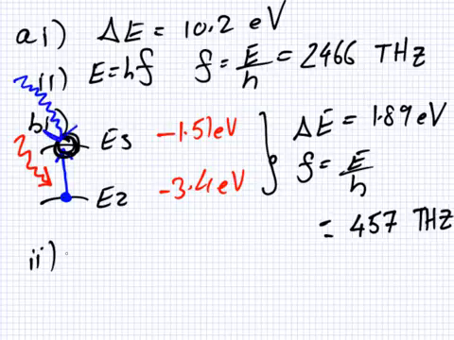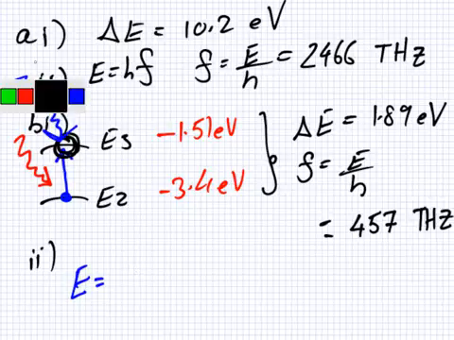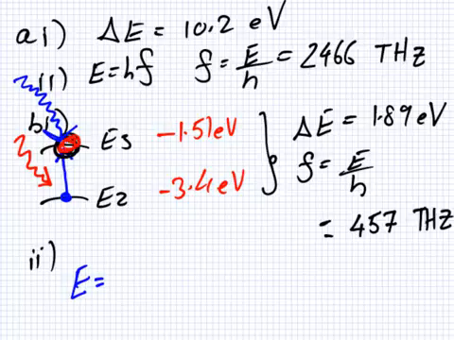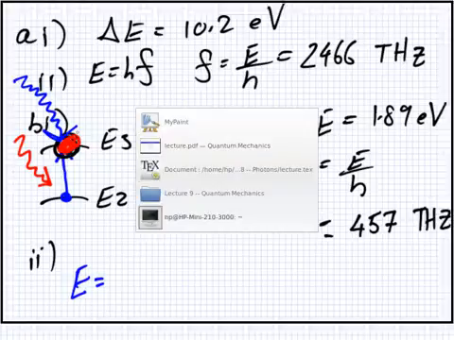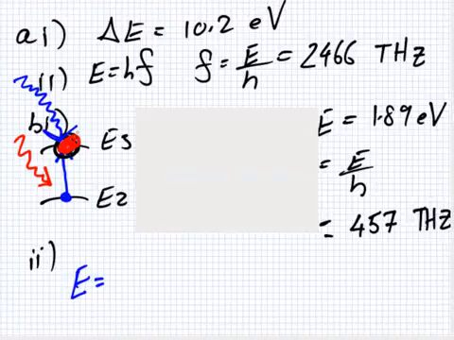How much energy must this photon have to free the electron? How much energy does the photon need to free the electron?